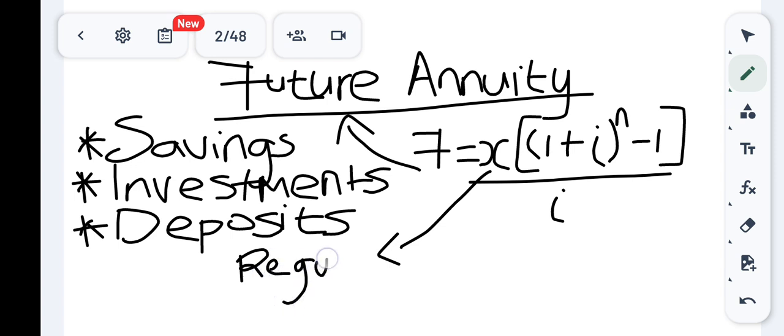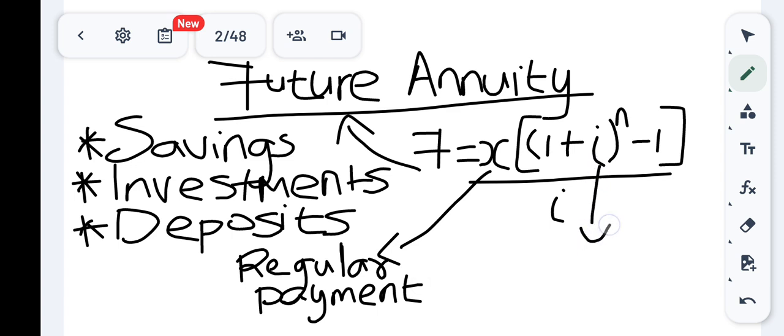Maybe you are depositing 500 per month, so X will be 500 in this case. That is a regular payment. And then i, of course, you know what i is. i is your interest rate as a decimal.